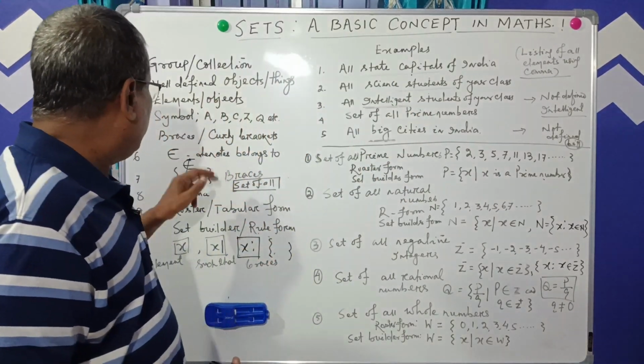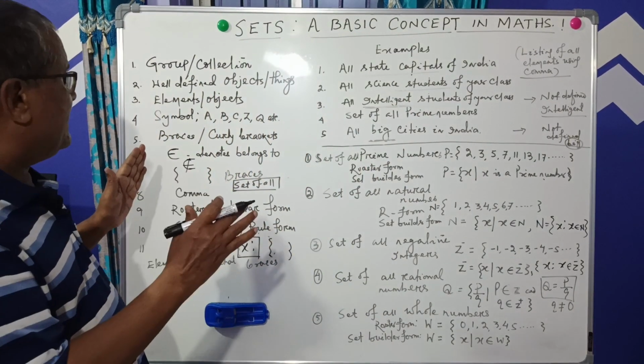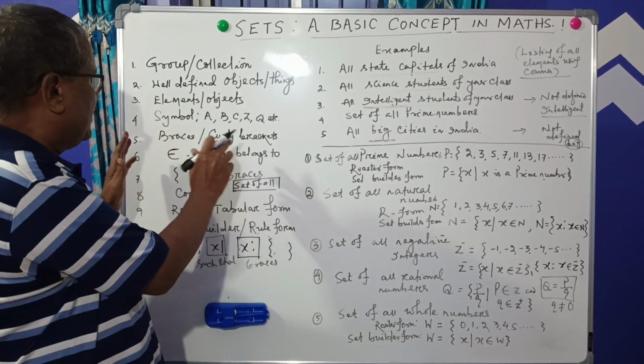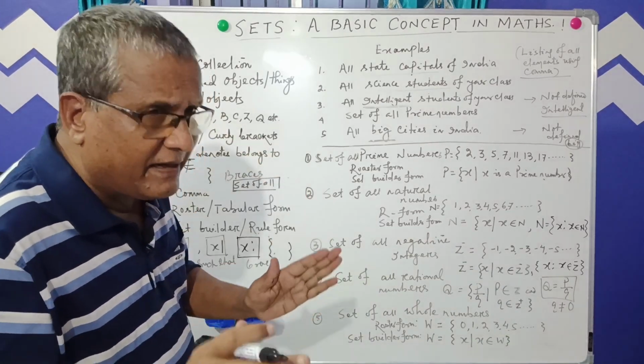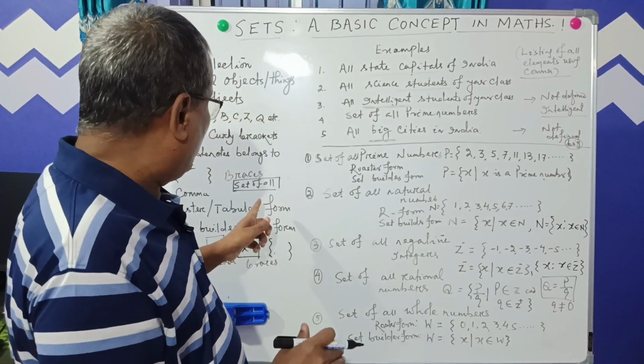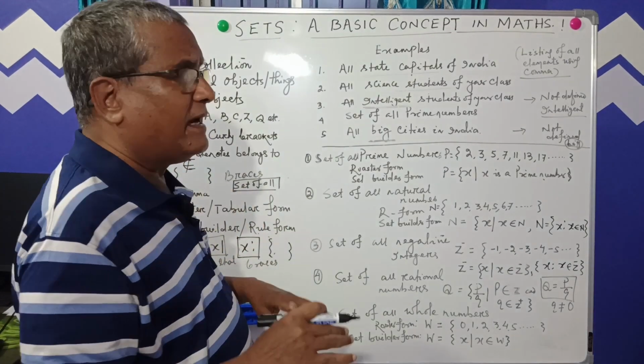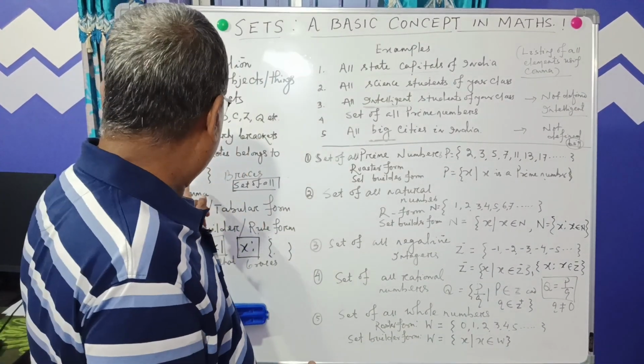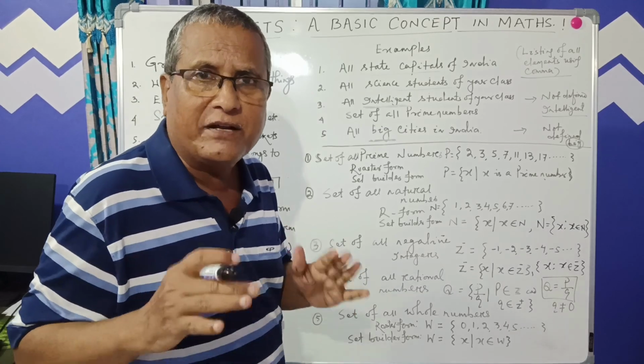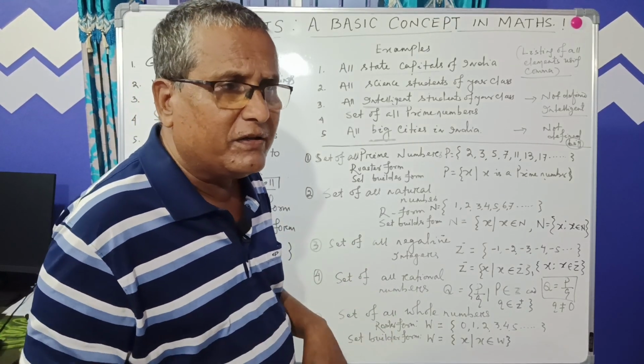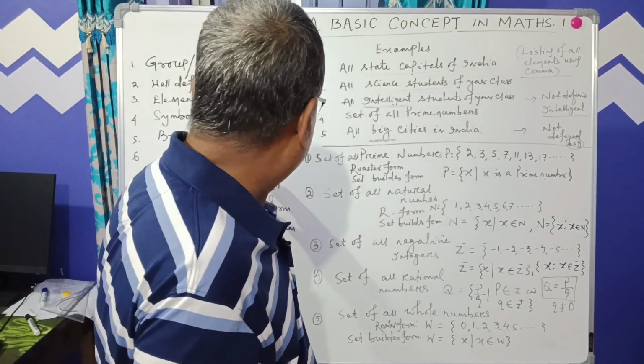Then, all elements of a set are written within curly brackets that we call braces. Let's recall, you have already learned three types of brackets.